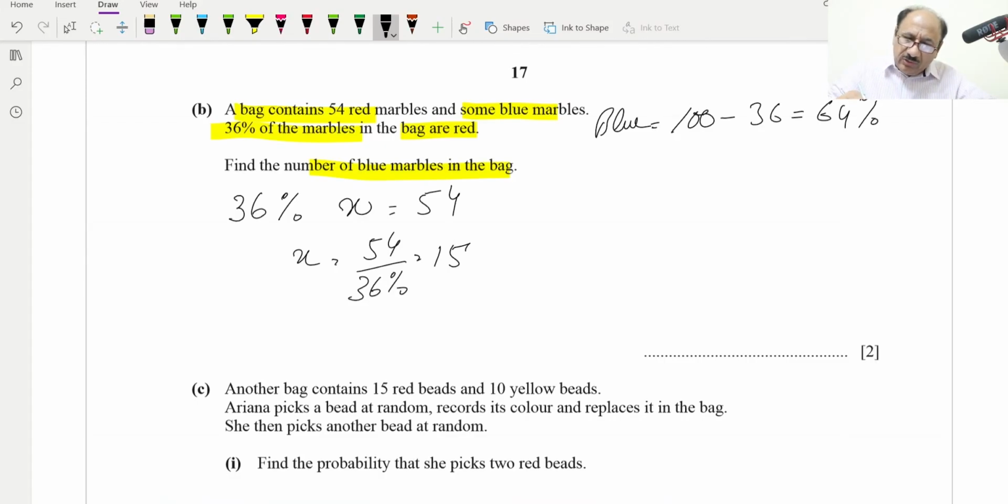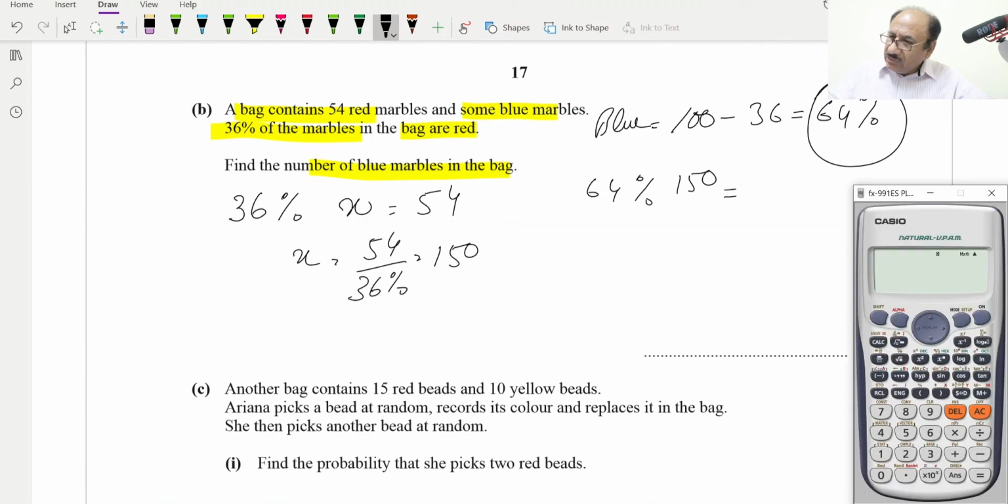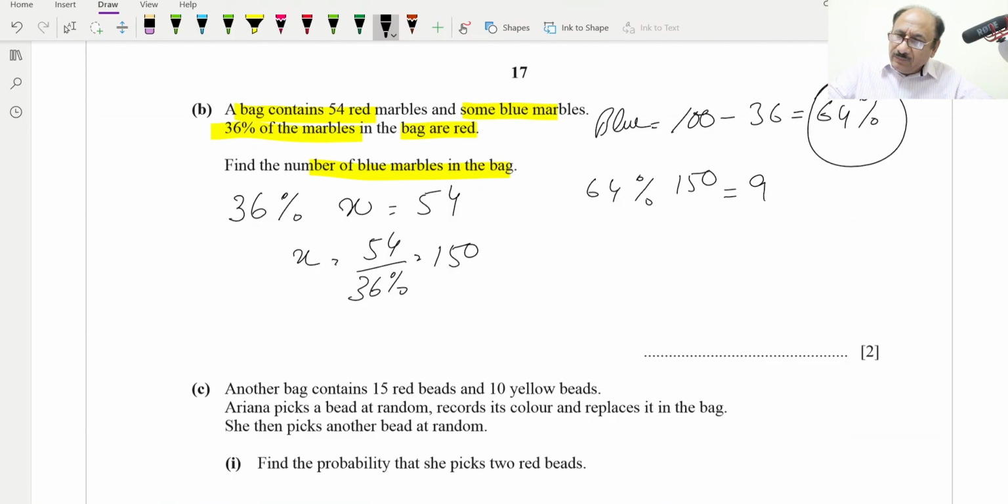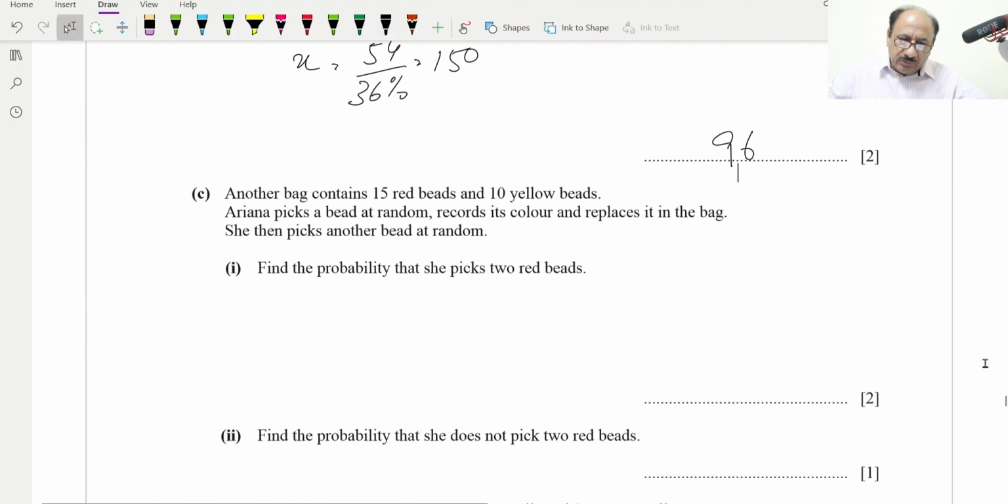So the x value is 150. Now for blue we can find 64% of 150. So 64% of 150 is equal to 96. So there will be 96 blue marbles. Hopefully you understood this as well.